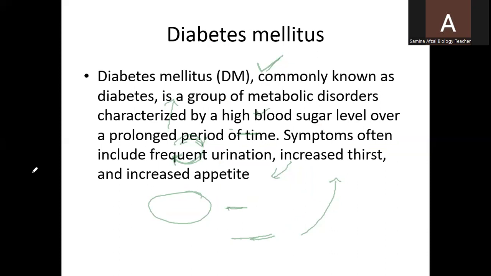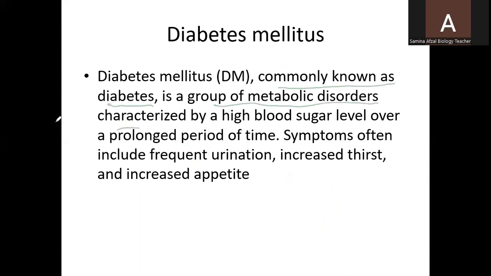Now, we were talking about the glucose concentration, if it is exceeding the set point. In that condition, diabetes mellitus is a disease, commonly known as diabetes, a group of metabolic disorders characterized by high blood sugar level over a prolonged period of time.